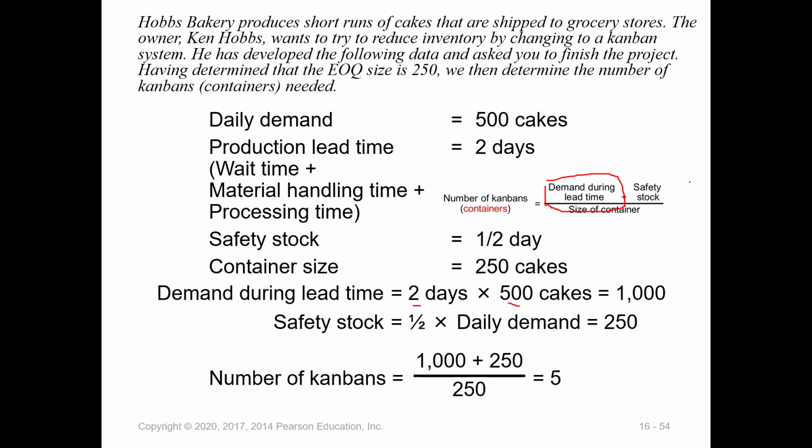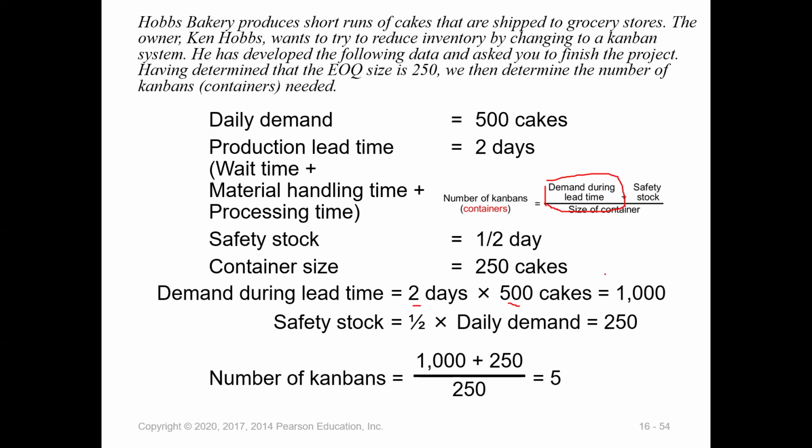You cannot say 2 days; this is parts, this is parts. You cannot add days to parts. So you need to convert the demand during lead time to a number of parts. When you say 2 days, that means 2 days times 500 is 1,000 parts. Also the safety stock is given as half day, 1/2. What does it mean? 1/2 times 500 is 250.